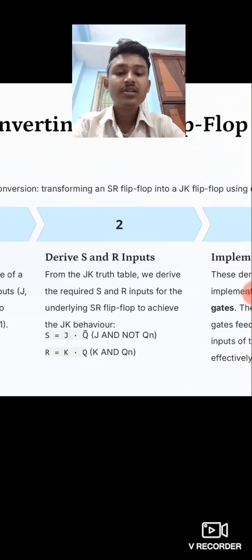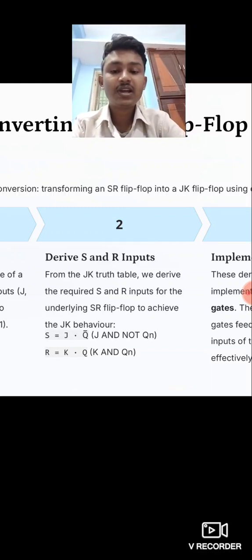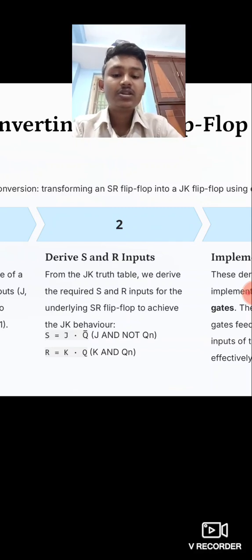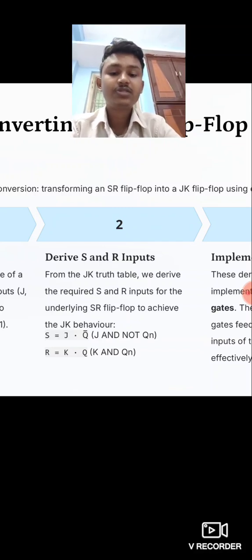Next, derive the S and R inputs from the JK truth table. We derive the required S and R inputs for the available SR flip-flop to achieve the JK behavior. S equals J and Q bar, that is J and not Qn. R equals K and Qn.